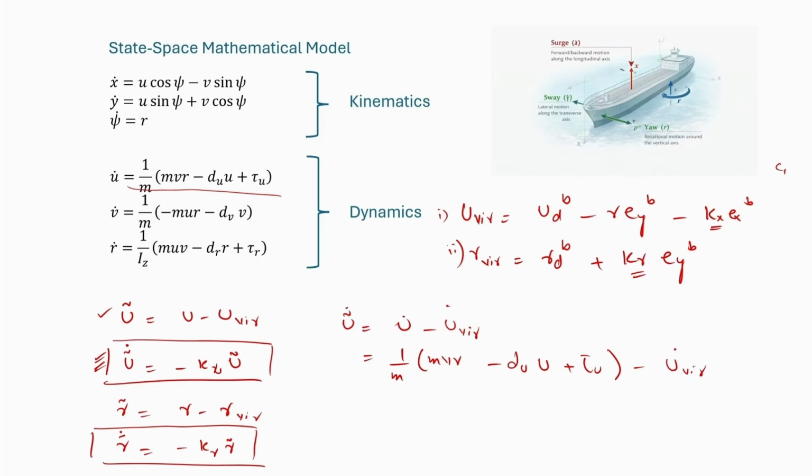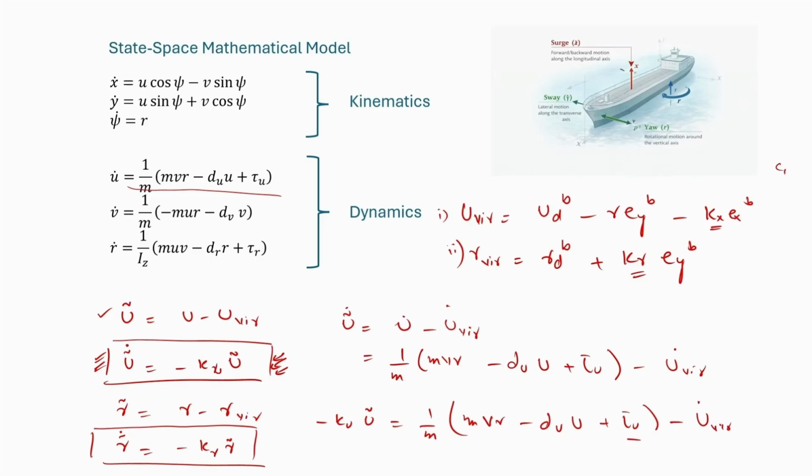Now our aim is to achieve this dynamics, this stability criteria, sorry. So I will substitute this on the left hand side. So minus ku u tilde is equal to 1 by m mvr minus du u plus tau u minus u virtual dot.